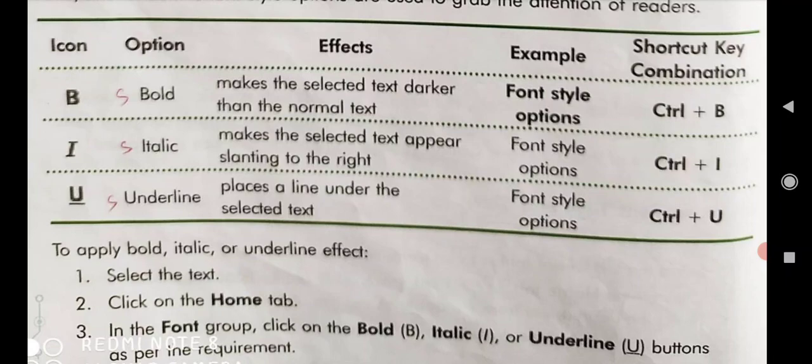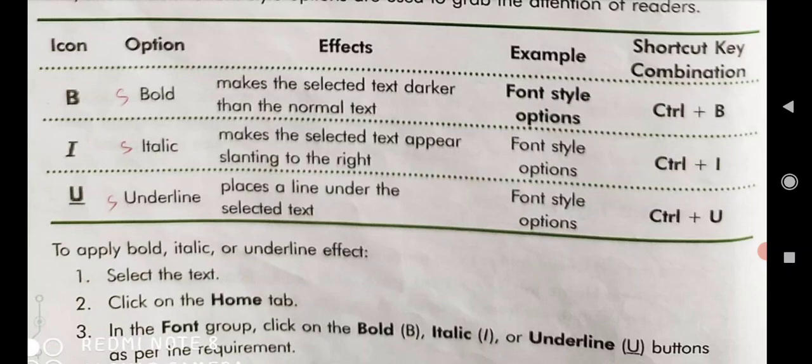Then come to the next, that is U, underline. It places a line under the selected text. Whatever text we have typed, if we feel that some points, words or these two or three words are important, we want them underlined.